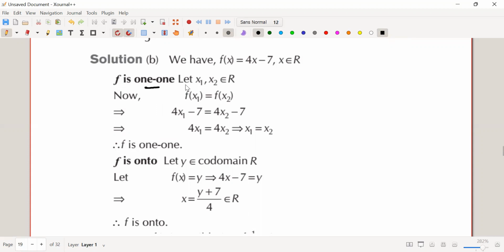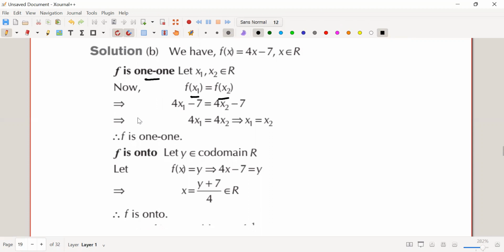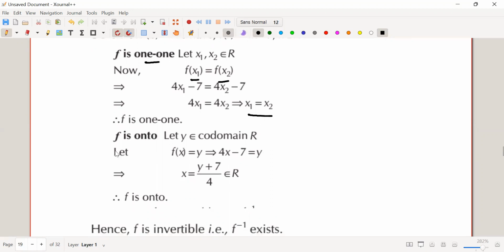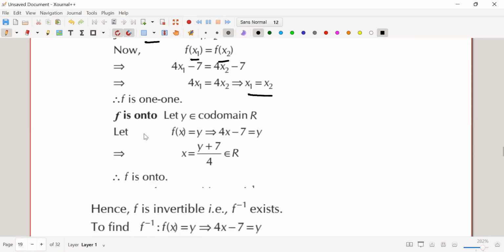One-one first. அப்போ f of x1 equal to f of x2 relate ஆயிருக்கு. So when I relate like this, -7 would get cancelled. So the remaining is 4x1 equal to 4x2. 4 gets cancelled, then x1 equal to x2. For every element of y, you would be getting a different element, isn't it?